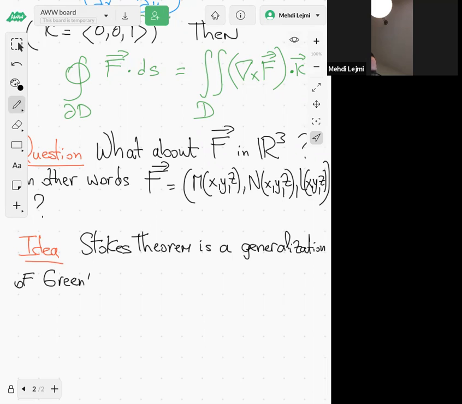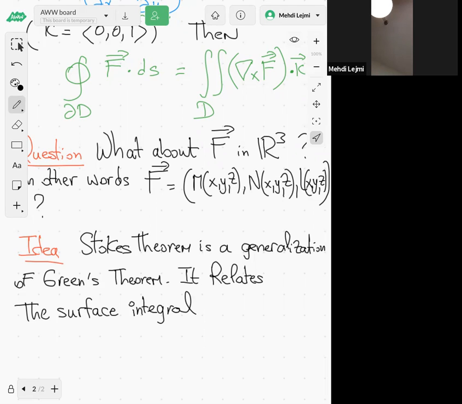It relates the surface integral of the curl of vector field f over a surface to a line integral, the vector line integral of f along the boundary of the surface in R3. So that's the double integral, the integral over the surface S.